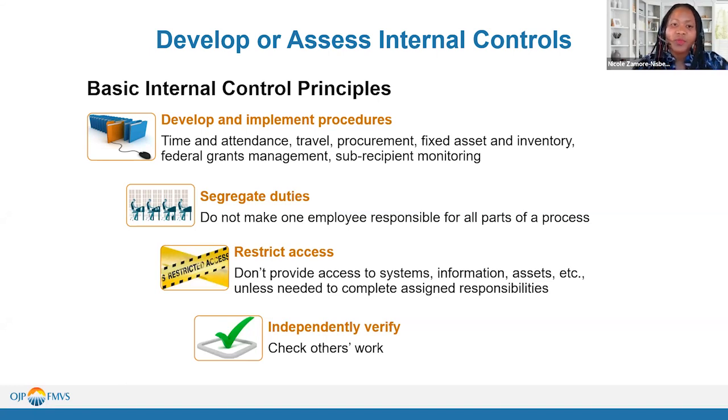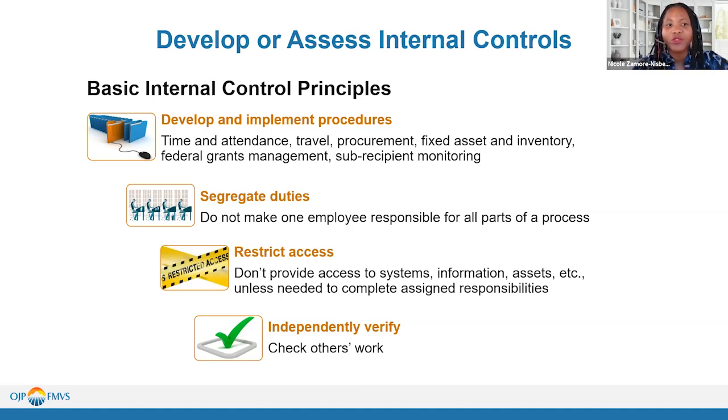And then if you have subrecipients, you should definitely have a subrecipient policy in place. You want to make sure that you have a guide to follow in terms of monitoring, in terms of what's needed, in terms of reporting, timelines, and things along that way.